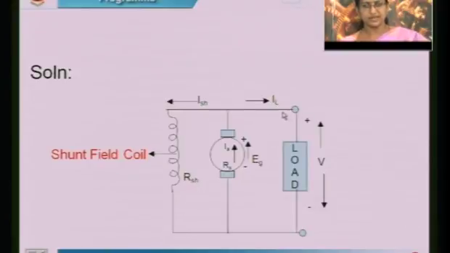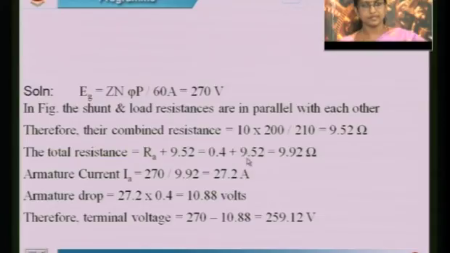IL you can calculate by using the equation V divided by RL, where the load resistance is given. So if you are adding this ISH and IL, you will get this Ia. Then you can calculate this V, that is Eg minus Ia Ra, like this. So Eg you can calculate ZnΦP by 60A, substitute all the values given. So the total voltage you are getting is 750 volt.